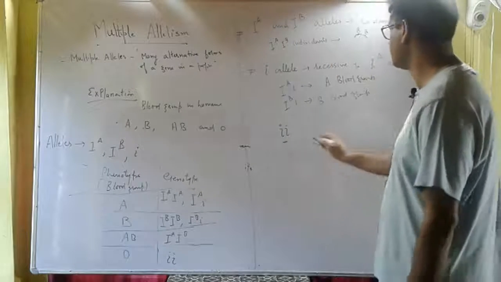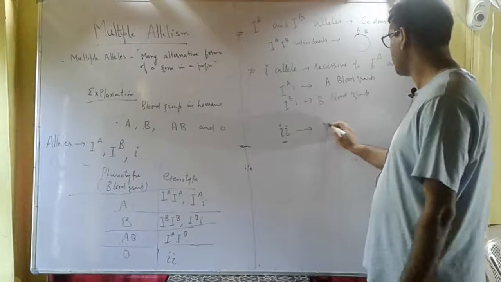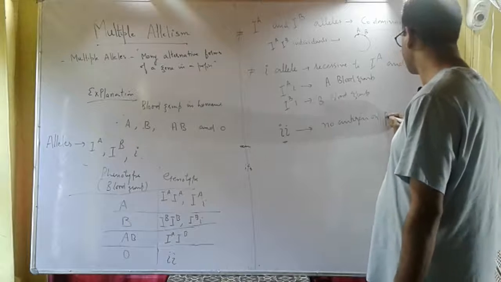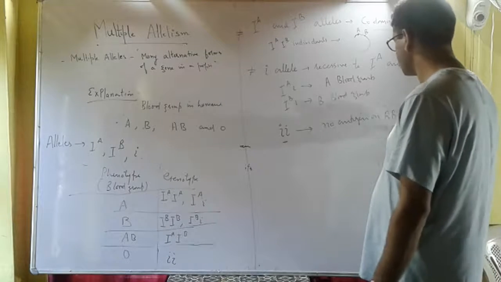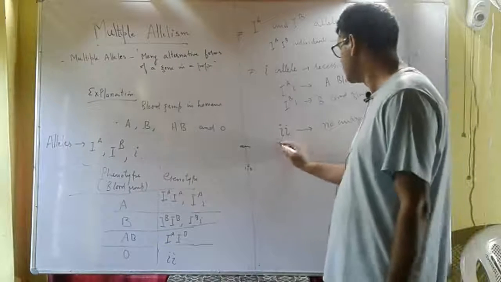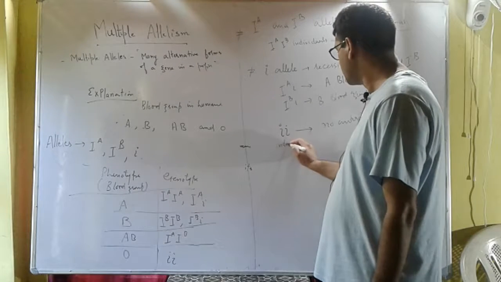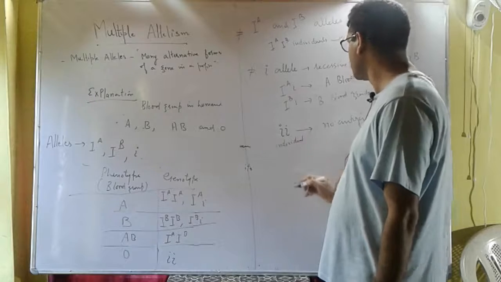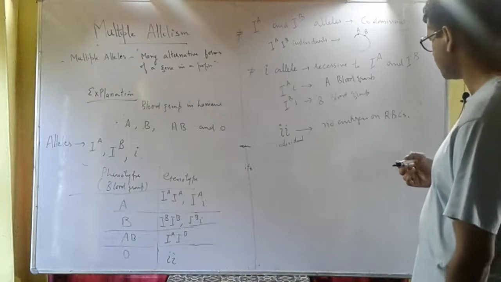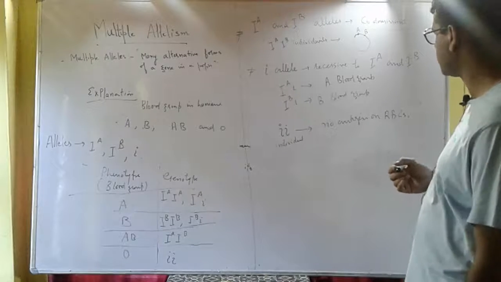And the individual with genotype small i small i has no antigen on RBCs.